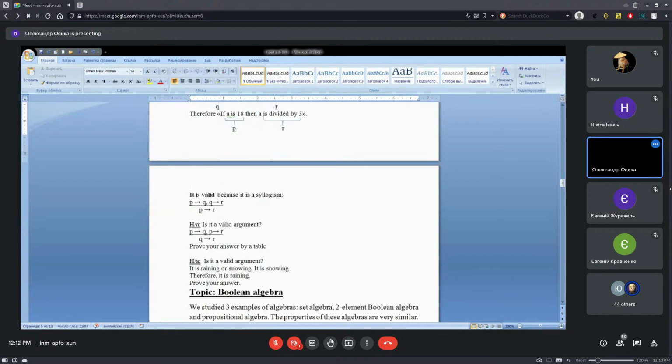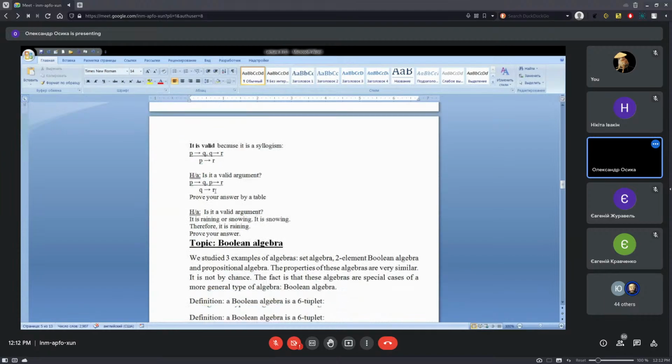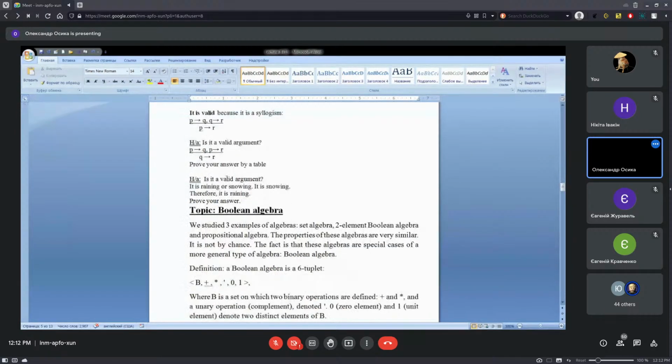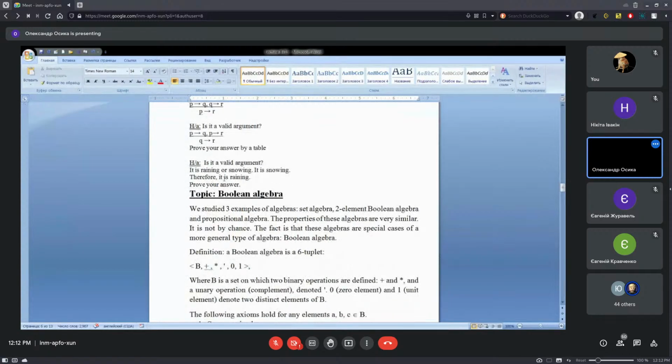And here, some home assignments, please, to practice a bit. For example, here P implies Q, P implies R, Q implies R. Prove your answer by a table.